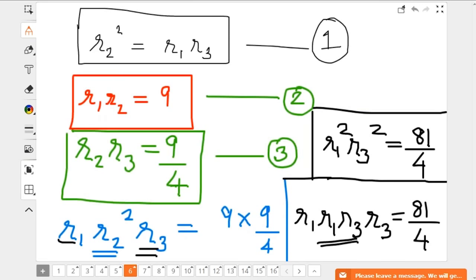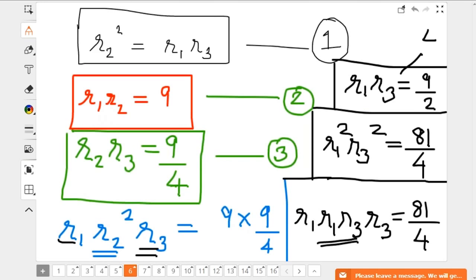Okay, so what is R1, R3? To square root of 81 by 4, which is 9 by 2. This is our fourth equation.